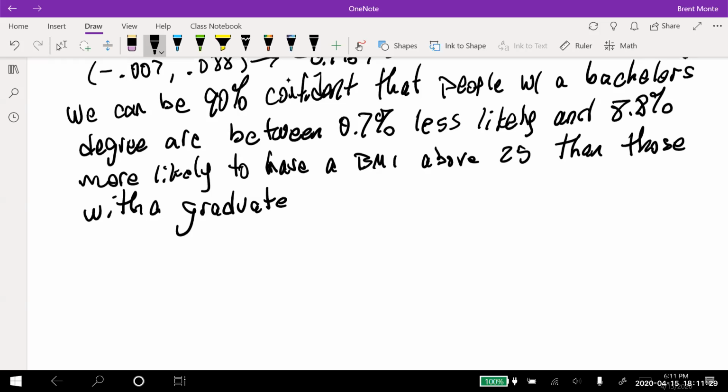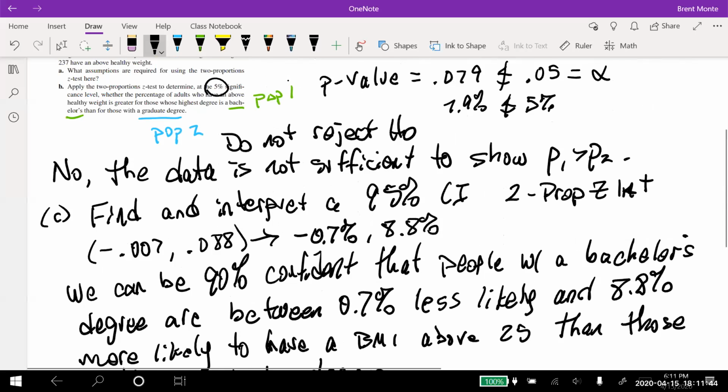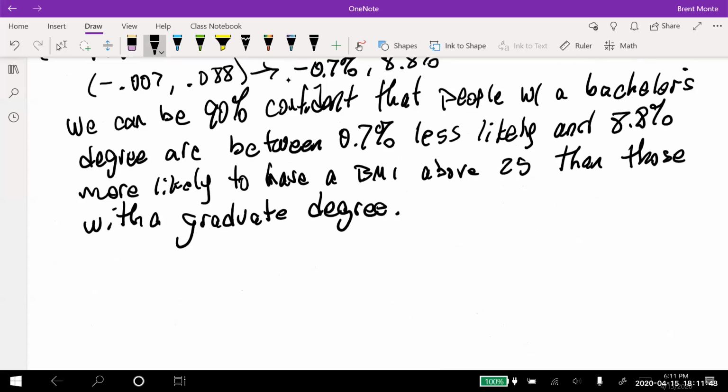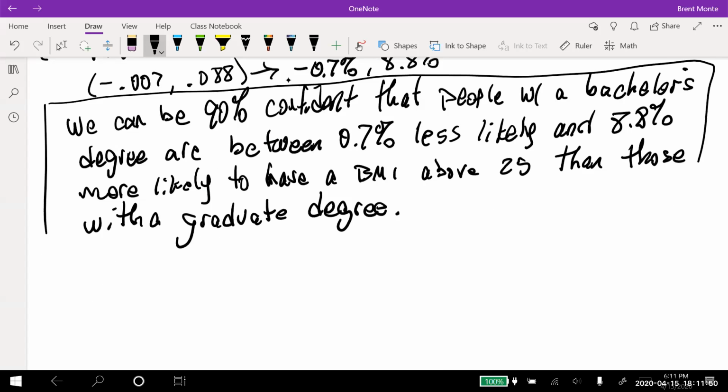But notice I didn't put the negative 0.07%. I said 0.7% less likely and 8.8% more likely to have a BMI above 25. Let's make sure we worded that correctly. And it says what? BMI greater than 25. So there is our conclusion.